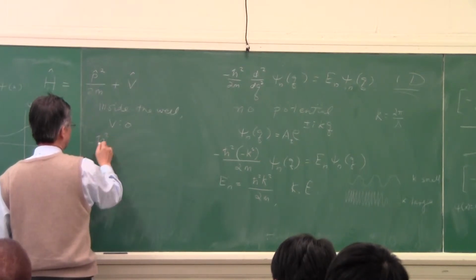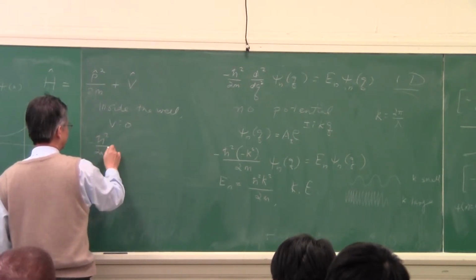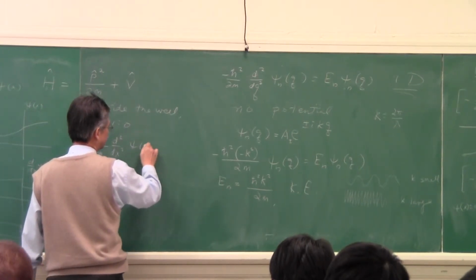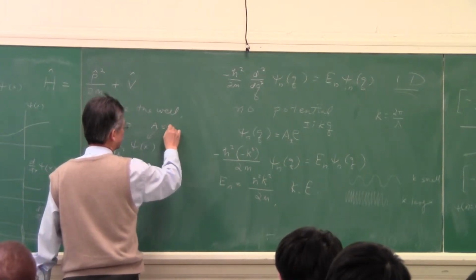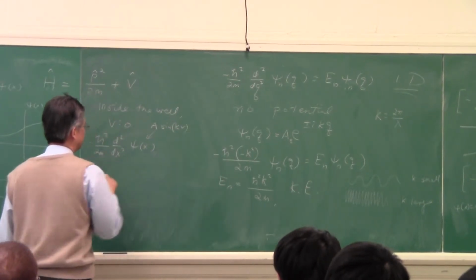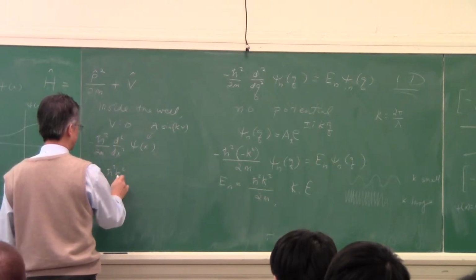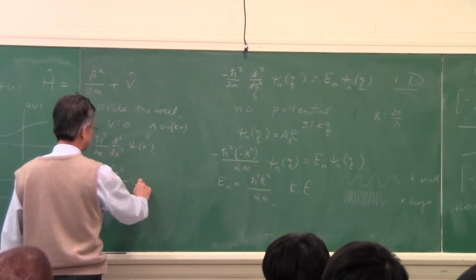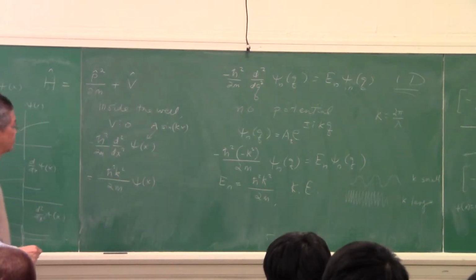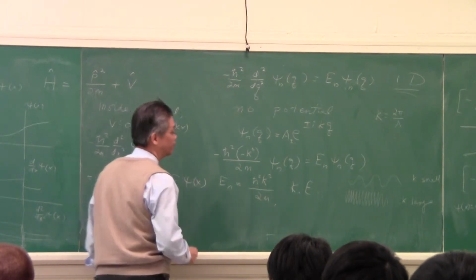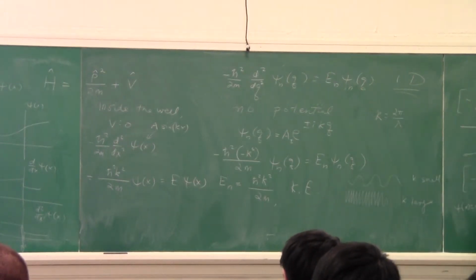Then ħ squared over 2m times d squared/dx squared of psi of x, this is just a sine of kx now, must be equal to ħ squared k squared over 2m psi of x inside the well. And then this must be equal to E psi of x inside the well. Inside the well, V is 0, and this must be E psi of x.